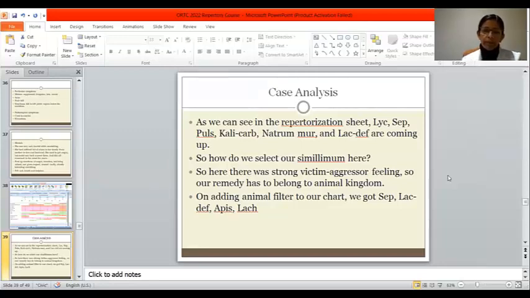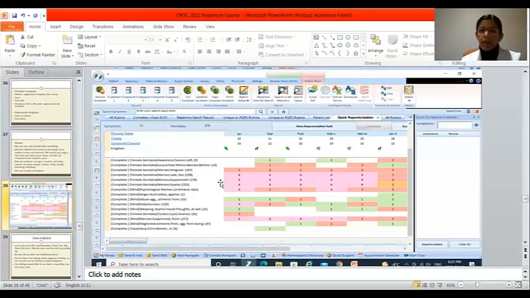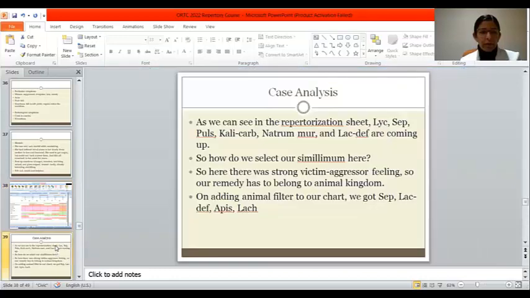So here, as I analyzed the case, I could feel that she was emotionally very sensitive, because she was crying. So Pulsatilla could have been one of the remedies, but I differentiated it from the others because here I could see a strong victim and aggressor feeling.